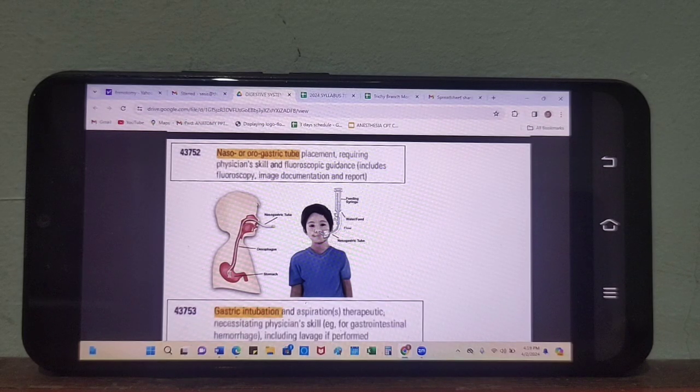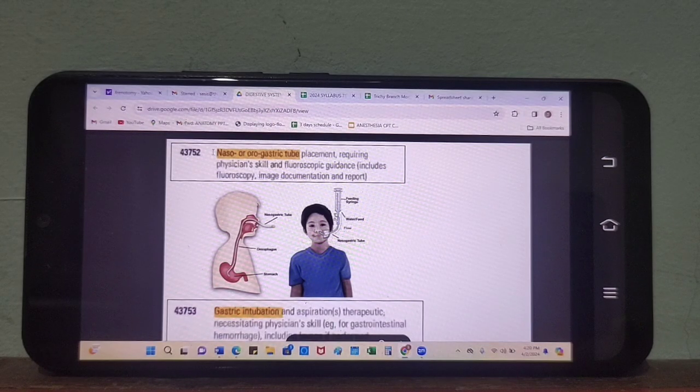For inserting the NG tube or gastric intubation, nurse service is enough. But if physician skill is necessary for this procedure, go for 52. So underline that: requiring the physician skill. Usually this tube is placed by a nurse only.